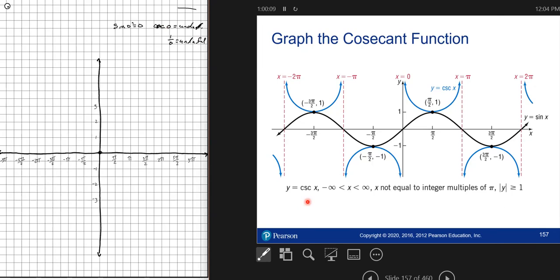So we have vertical asymptotes where sine equals 0, which is the multiples of pi.